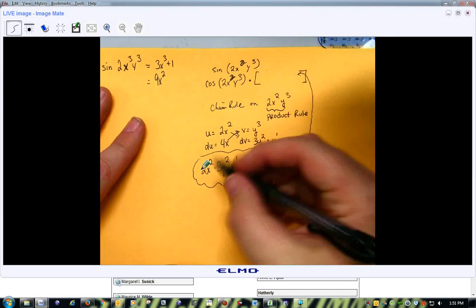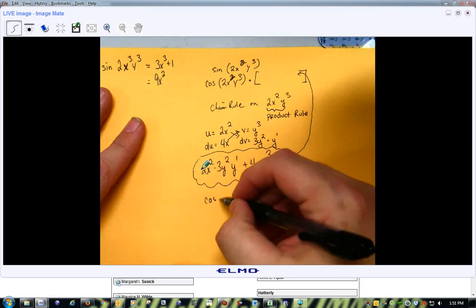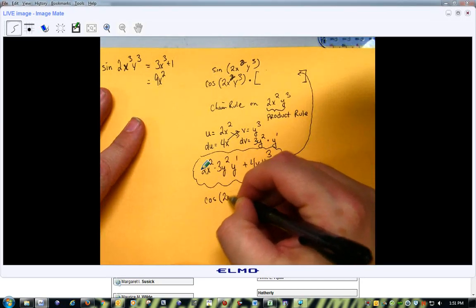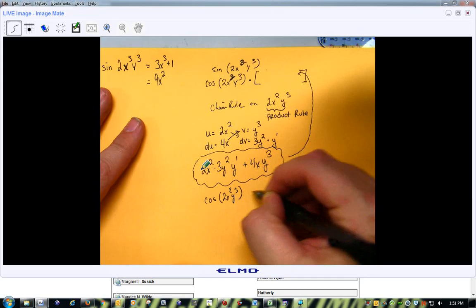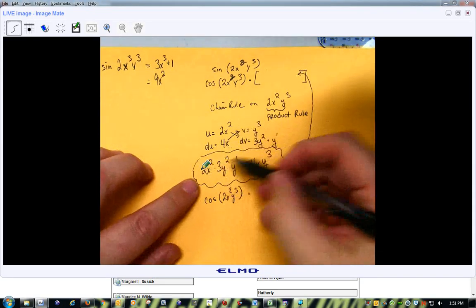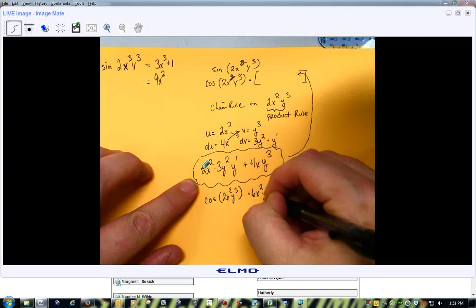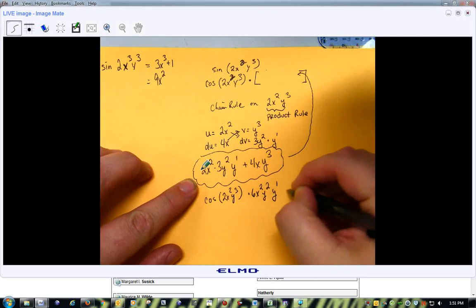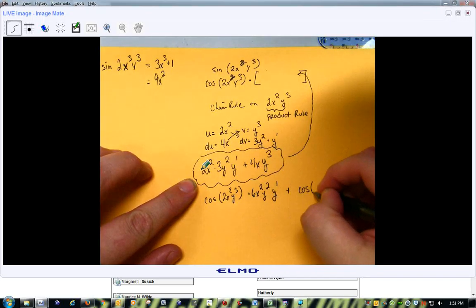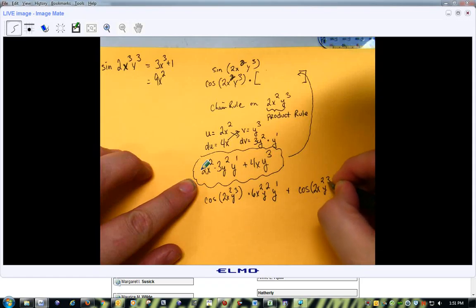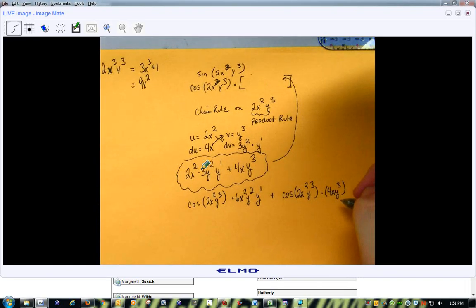So it'd be the cosine of 2x squared y cubed times 6x squared y prime plus the cosine of 2x squared y cubed times 4xy cubed. This is one of those problems I think that they just put on there to make your life miserable.